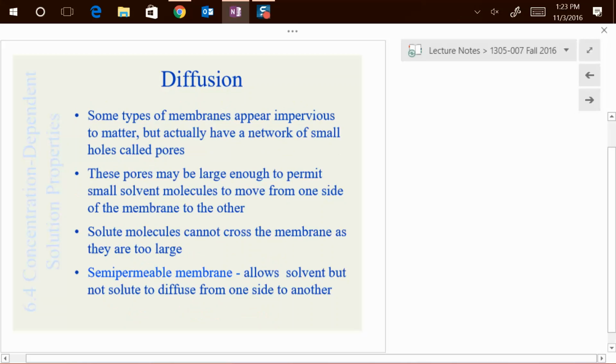Okay, diffusion. So diffusion is the process of having a membrane between two salt solutions. One is more salty than the other one, and so then there will be a transfer between the two of water, not of the salt particles.